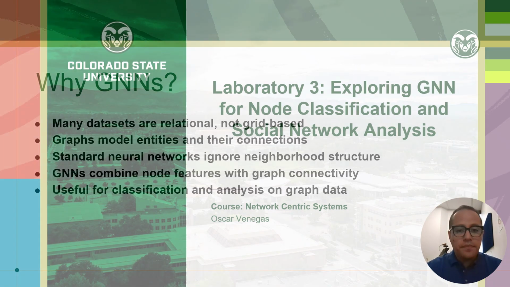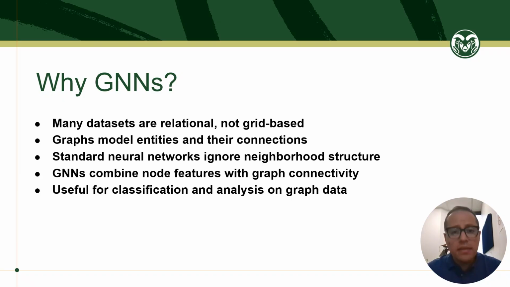Let's start. This slide is a brief introduction of something that we already know from the classes. So basically, it's an introduction to graph neural networks. GNNs are a type of neural network specifically designed for graph structured data.